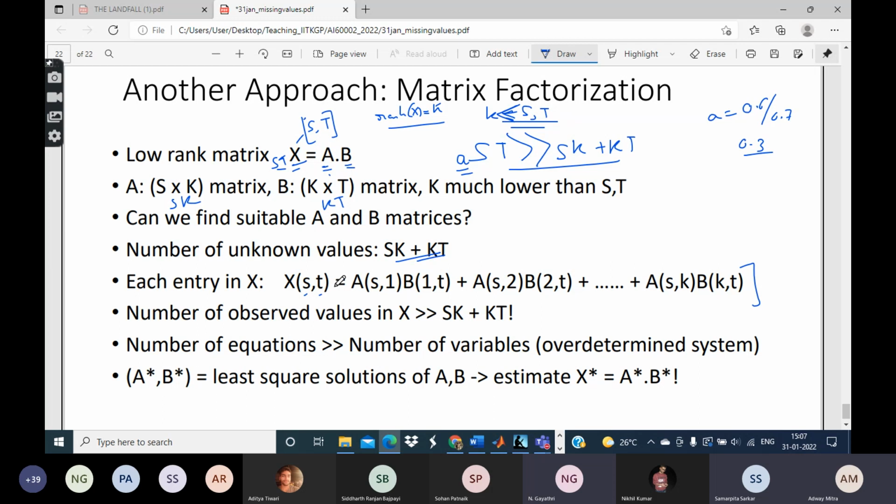That means for each of the elements of X that are present, you can write it in the form of an equation like this.